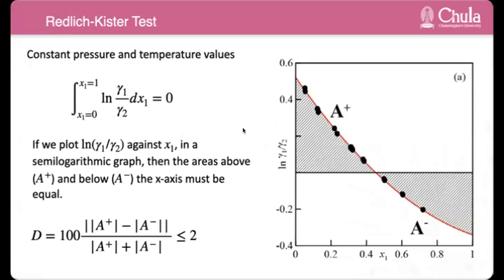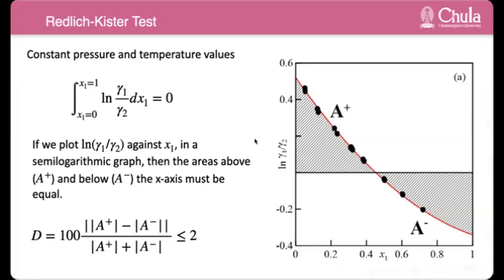And here you see from the Redlich-Kister test, you plot log(gamma 1 / gamma 2), yeah? And this is the data we obtain, right? From experiment.